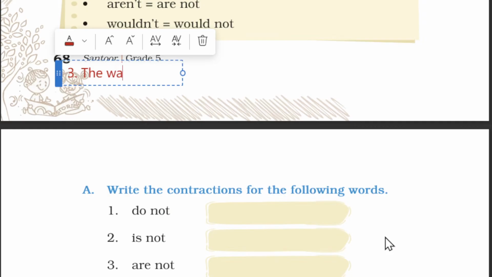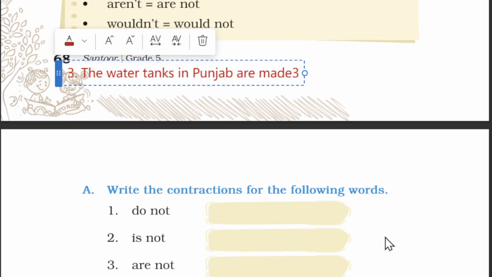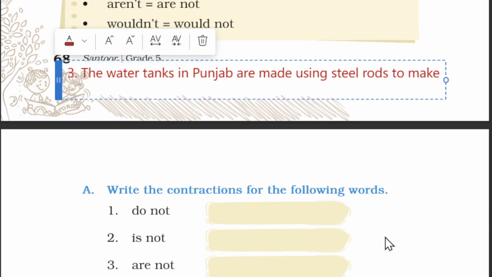So the water tanks in Punjab, so Punjab with a capital letter, okay, are made using steel rods to make a frame.